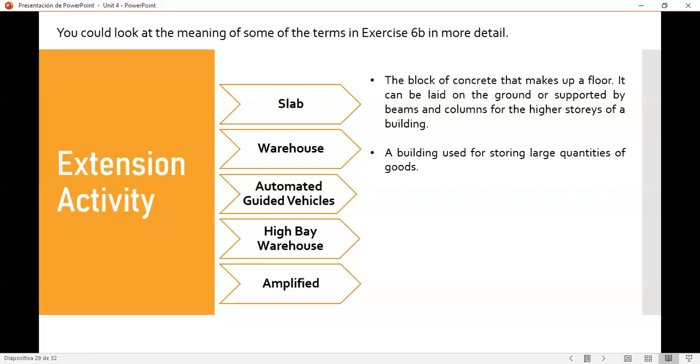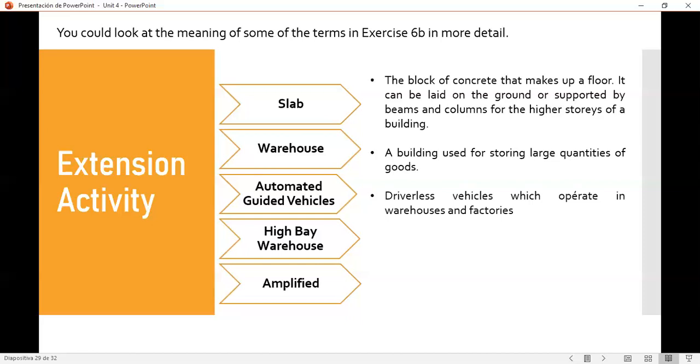In this case, a synonym for automated will be driver. A driver, the person who controls it, plus less: driverless, that means no driver. You can add the word less so that people understand that it means without that.